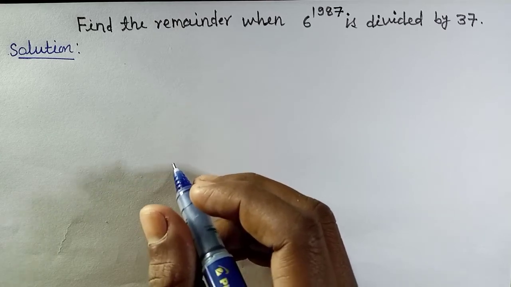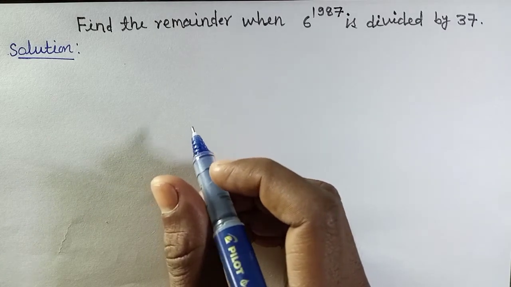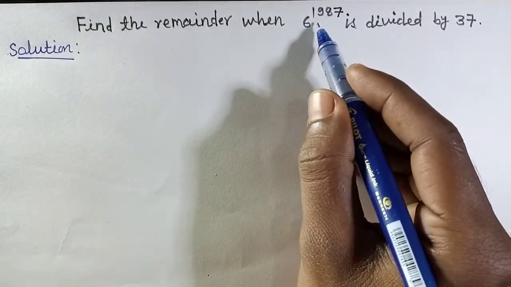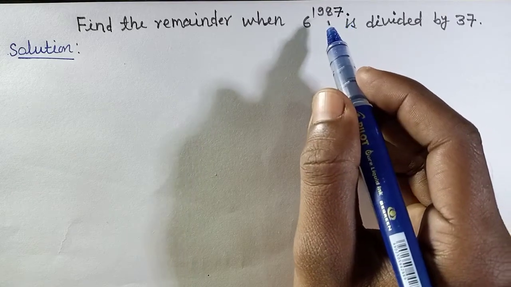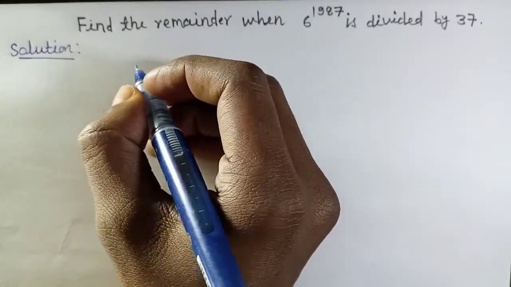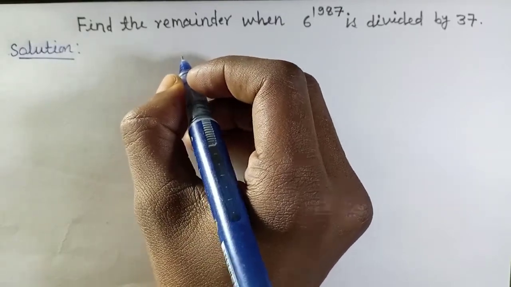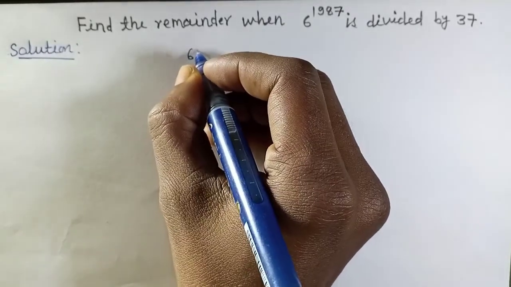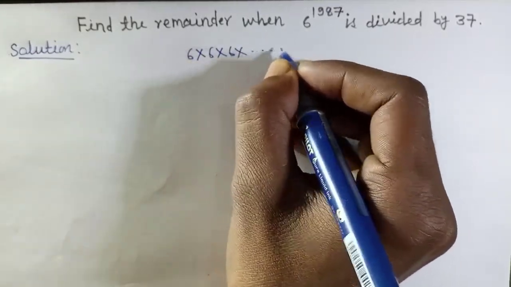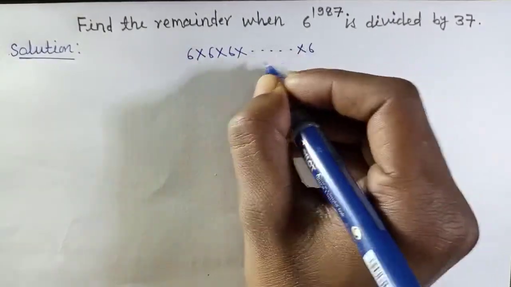one method is that we find the value of this large expression 6 to the 1987 by multiplying 6 times 6 times 6 times 6.